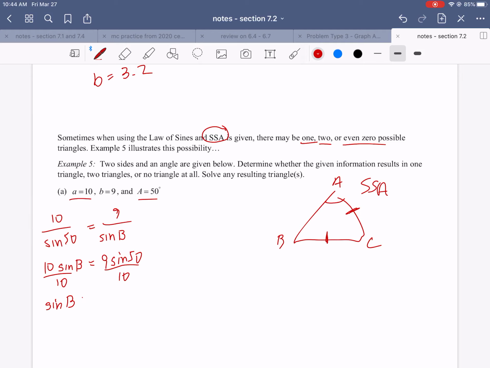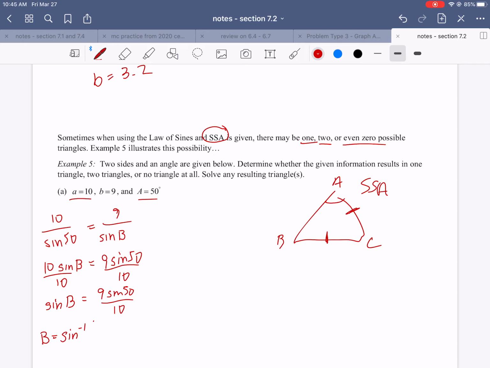And so sine of capital B is going to equal 9 times the sine of 50, divided by 10. Let me erase that and put what I meant to write. So 9 sine of 50 divided by 10. And so whenever we have the sine of B like we do here, then in order to get B by itself, that's when we're going to have to use the inverse button.